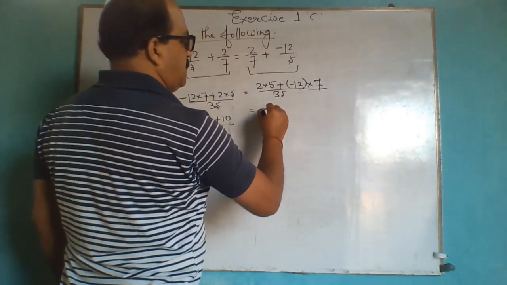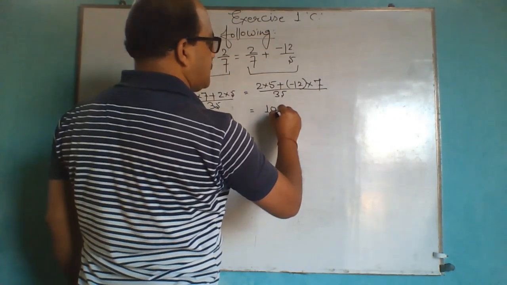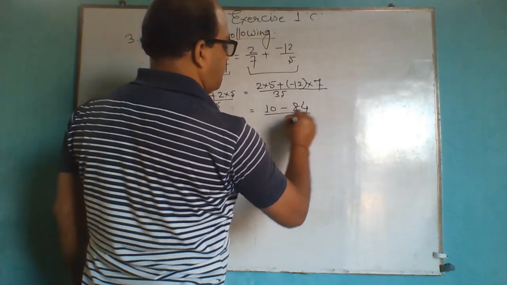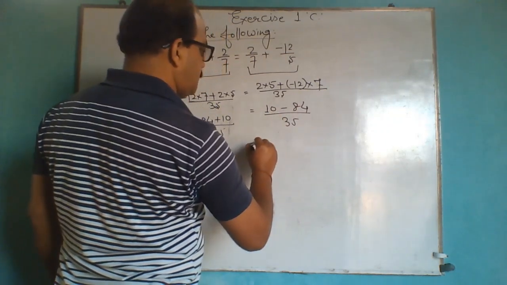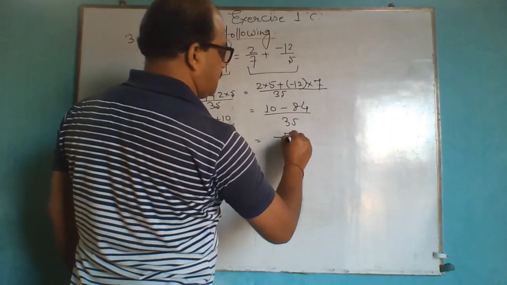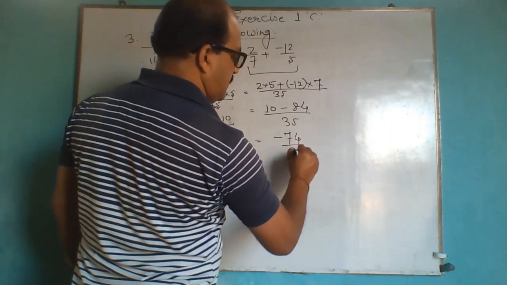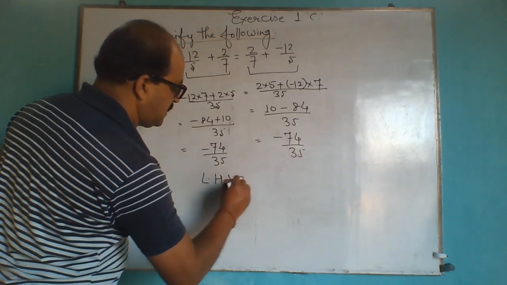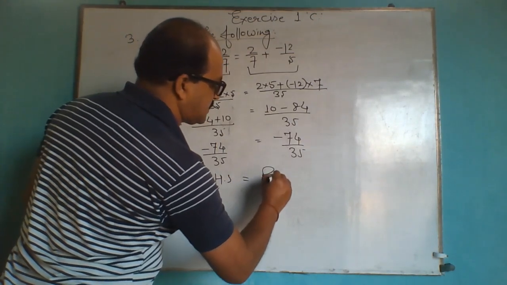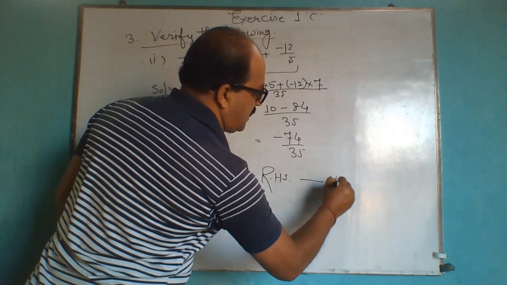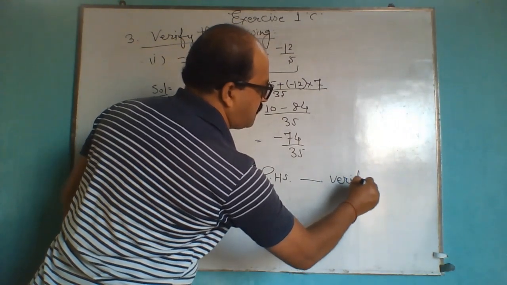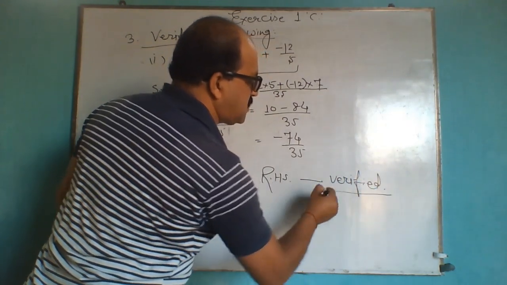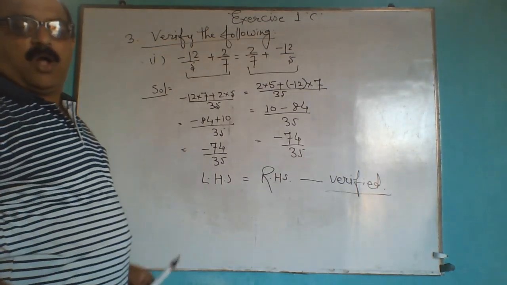When we simplify it, our answer will be the same, minus 74 by 35. Here this one is verified, LHS is equal to RHS, and here you will write verified. In such a way you can solve all these questions.